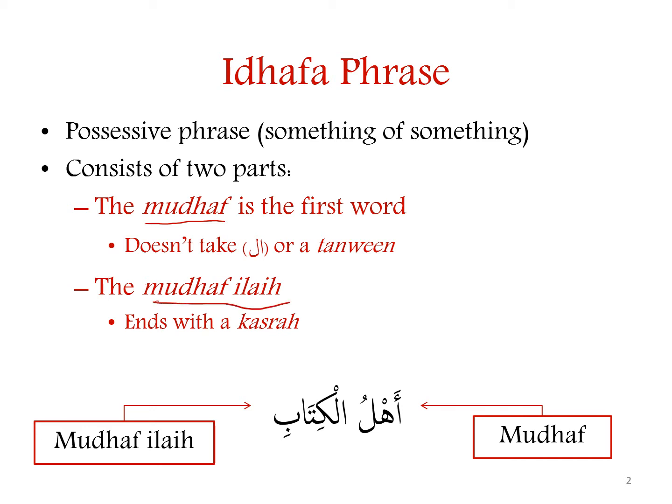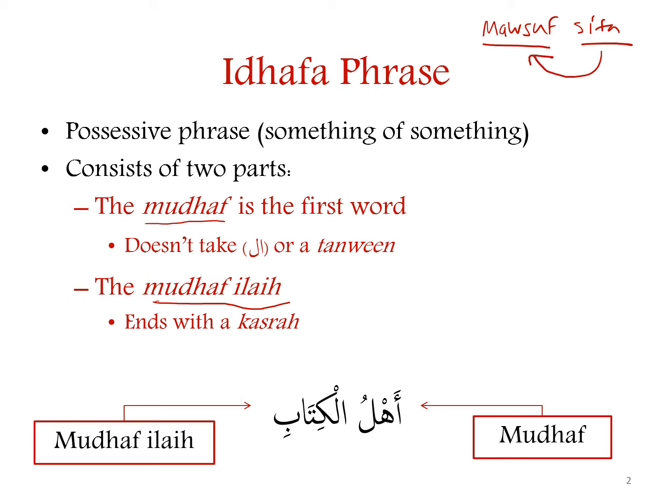So generally phrases in Arabic have two parts to it. So far we looked at the mawsuf sifa, which consists of a mawsuf, a noun, and a sifa, an adjective that describes that noun.